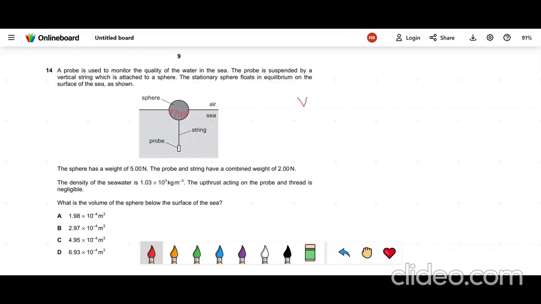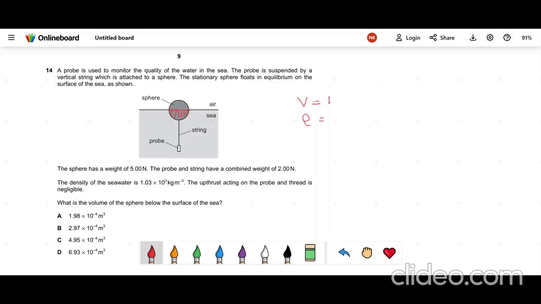So how can we calculate that volume of the sphere? The volume of the sphere that is immersed will be equal to the volume of the water displaced. But we don't know how much volume gets immersed.